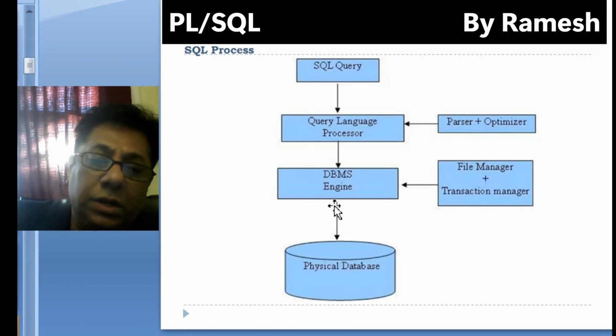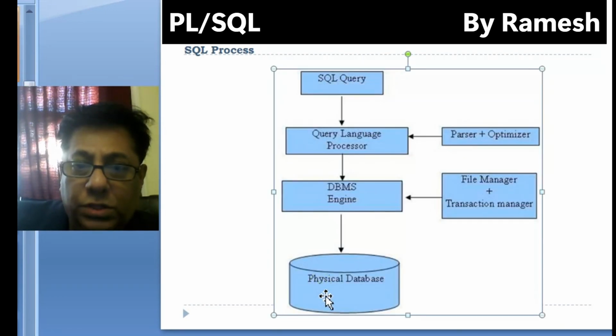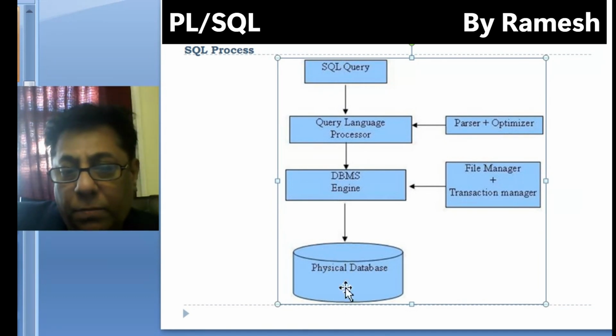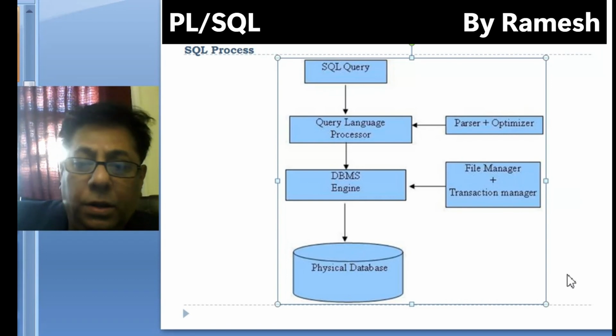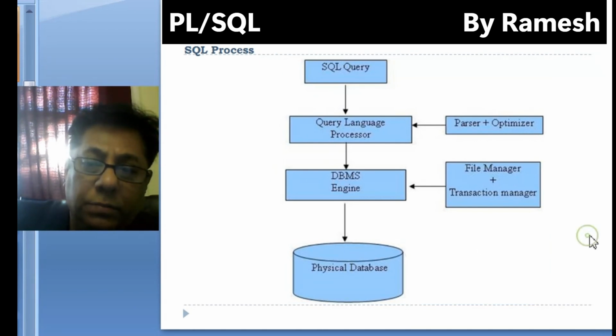The transaction manager delivers the transaction, updates the physical database, and then the physical database consists of tables, and it updates the table. If a query was submitted to remove, delete or drop a table, then it will perform that action.